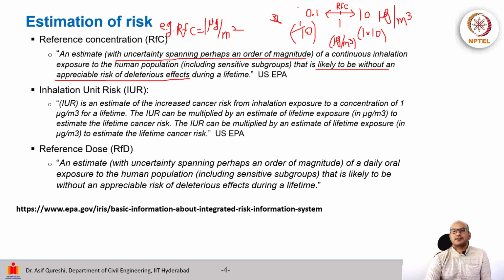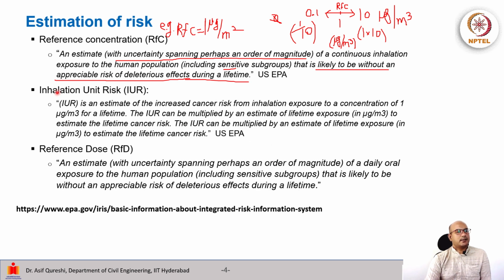Uncertainty means the actual value is possibly between 0.1 and 10 of a continuous inhalation exposure. So a person is inhaling this air continuously, and this includes sensitive subgroups, that is likely to be without any appreciable risk of deleterious effects during a lifetime. So if a person lives in this environment for a lifetime, the person is likely to have no appreciable risk of adverse effects.